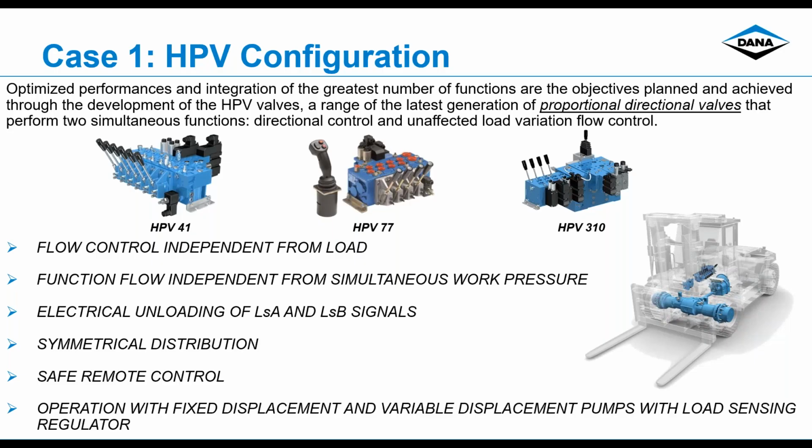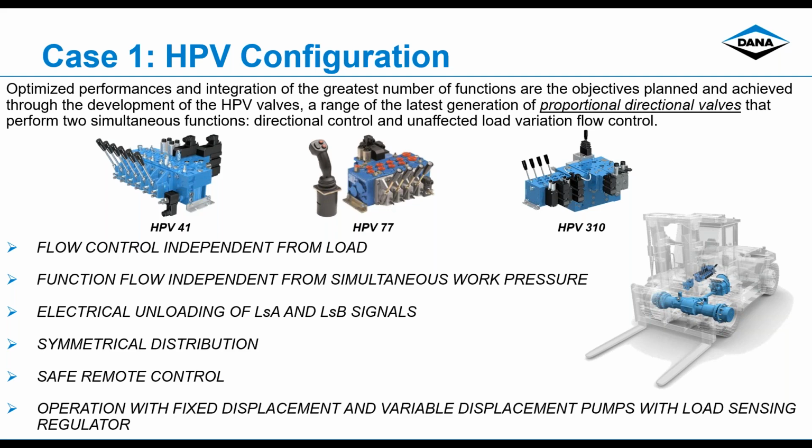Let me share my screen to give you the possibility to better go inside the HPV world. HPV surely can be considered one of the most interesting Dana fluid power products.